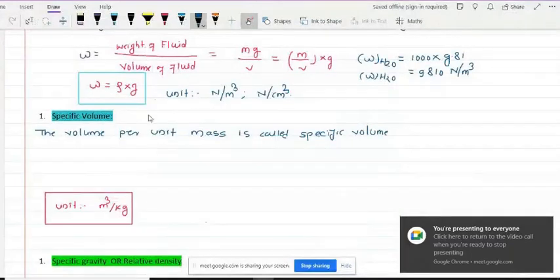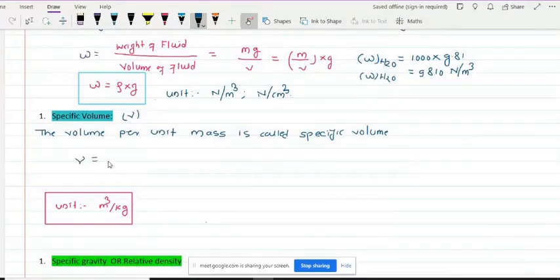Okay. Specific volume is denoted by the letter nu. This nu is equal to volume per unit mass. Volume is V, mass is M, so we can write V by M, which is 1 upon rho.